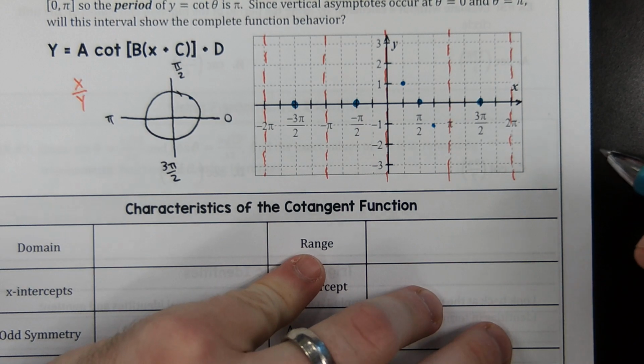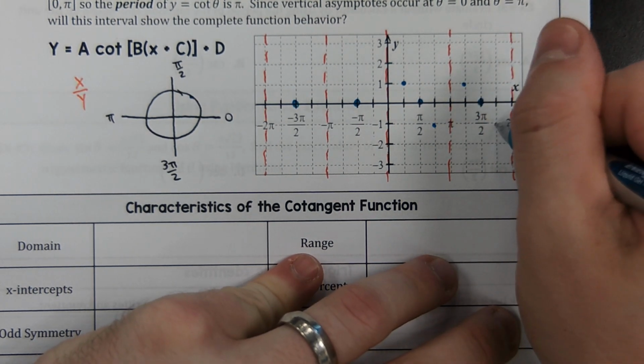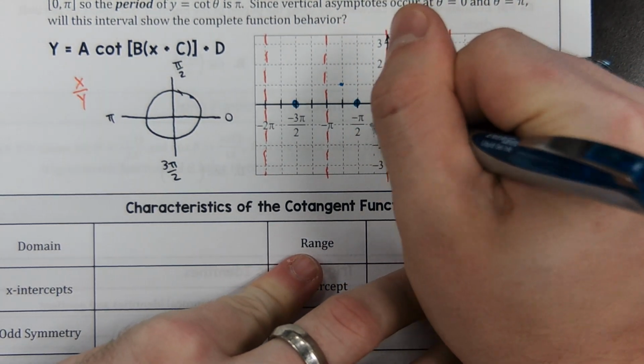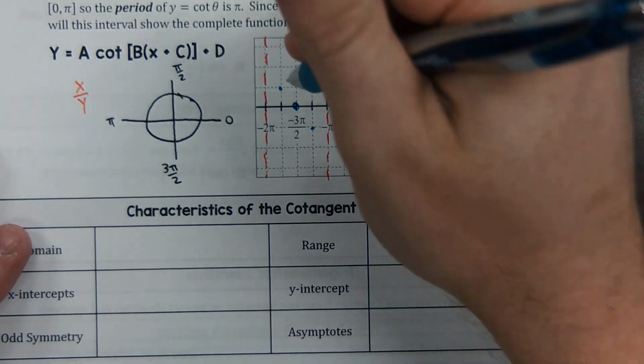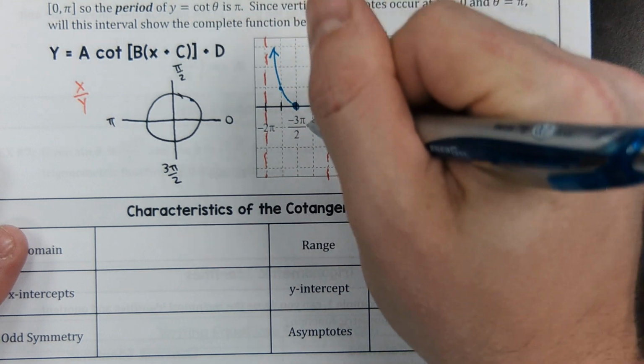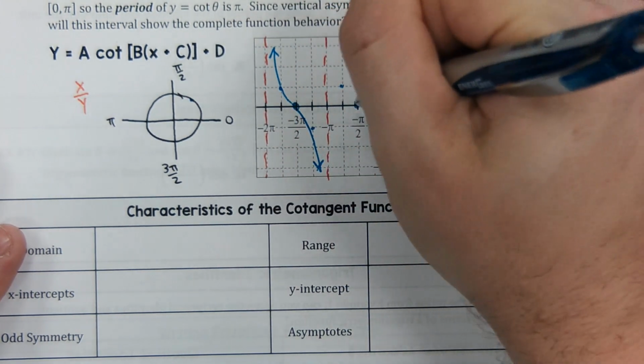And since the period length is pi, we get this. It's essentially a shifted, reflected tangent graph.